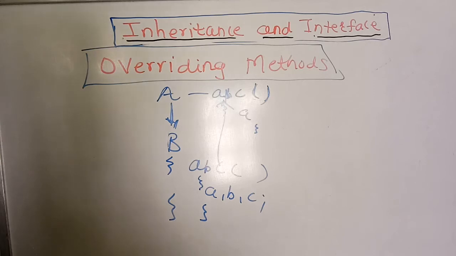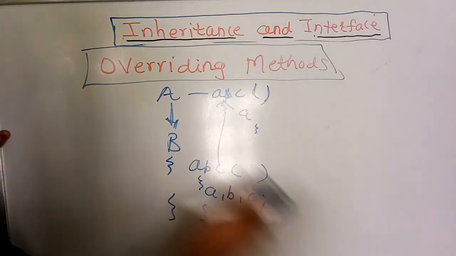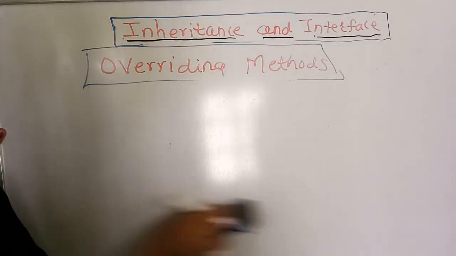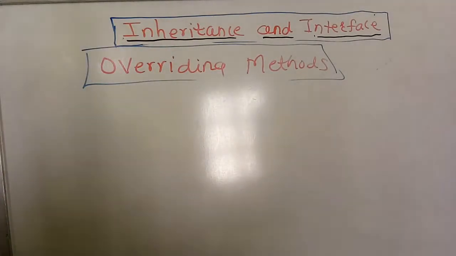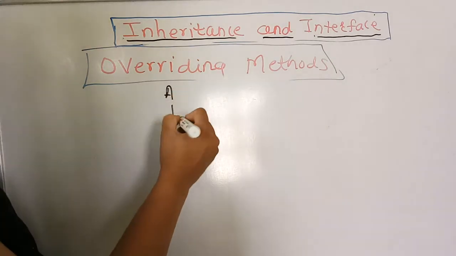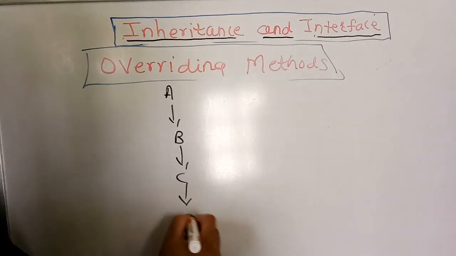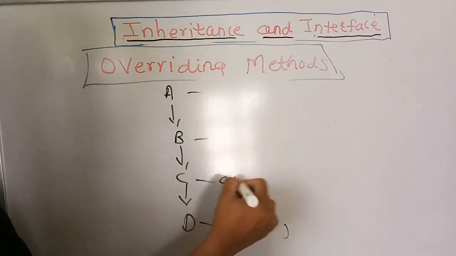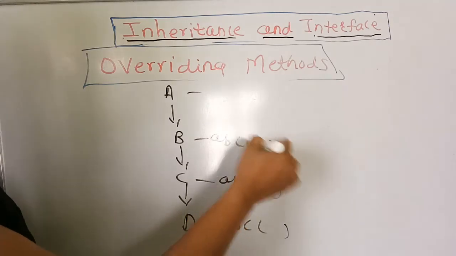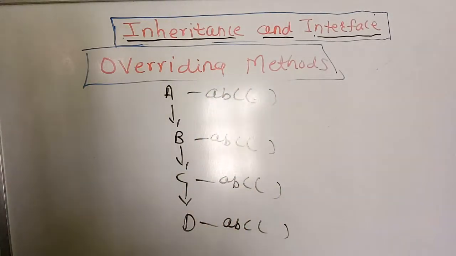When a method is called on an object, the Java compiler first searches for that method in the class of that object. If the method is not found there, then the compiler searches for the method in the superclasses until it is found. This topic is important from the hierarchy perspective. For example, A, B, C, and D are classes, all having the method ABC.